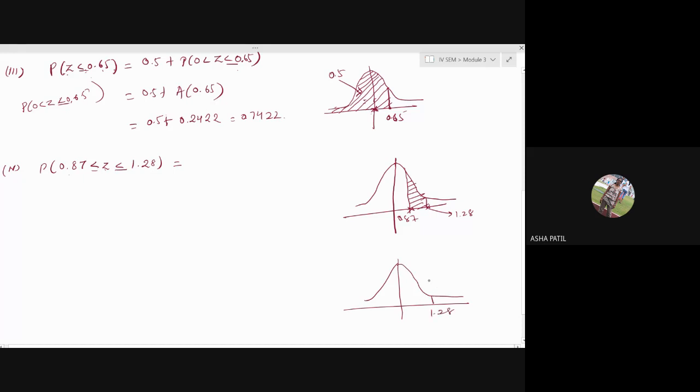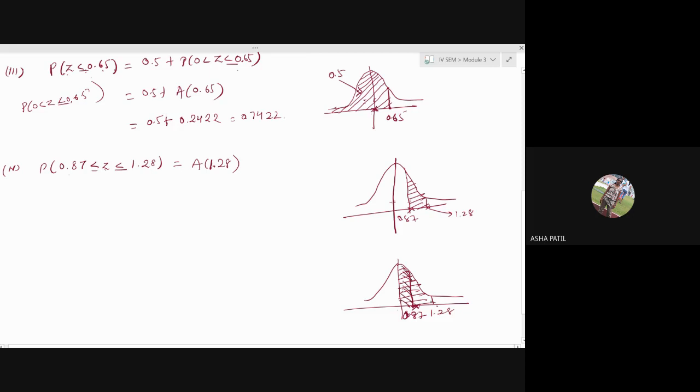If you find A of 1.28, it will give you the area from 0 to 1.28. Now in that, if you subtract this area, that is 0 to 0.87, this is our point, then if you find A of 0.87, it will give you this area.